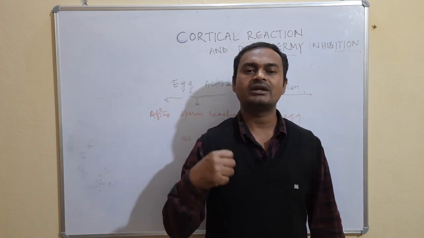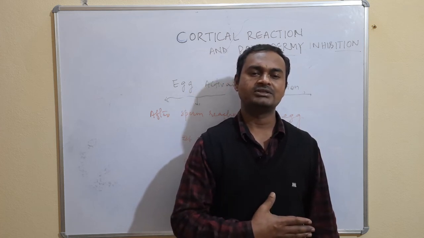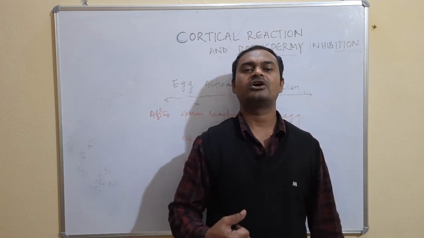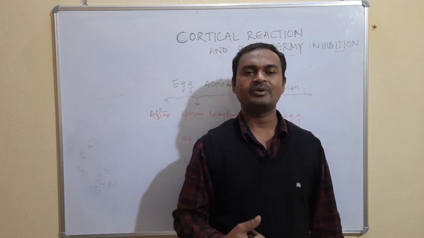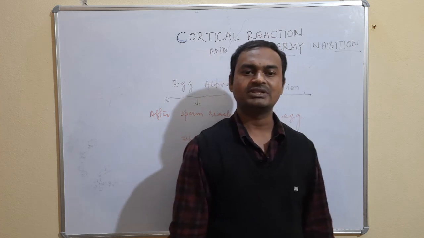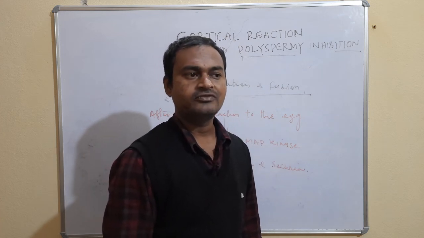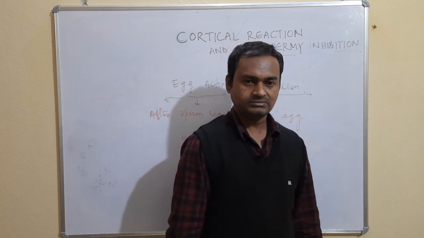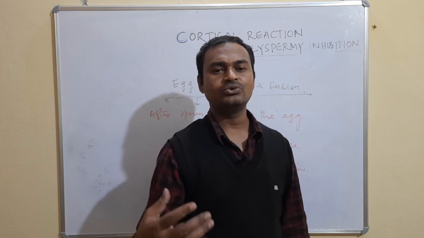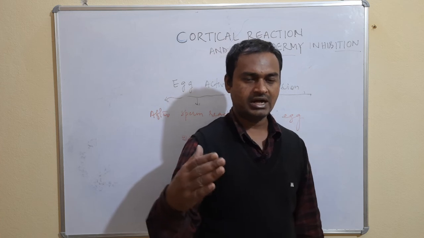We will not go through the details of exactly what the reactions were. After the surge of calcium ion, it inactivates the MAP kinase, which results in the degradation of some cyclin, and this will lead to the activation of the egg.